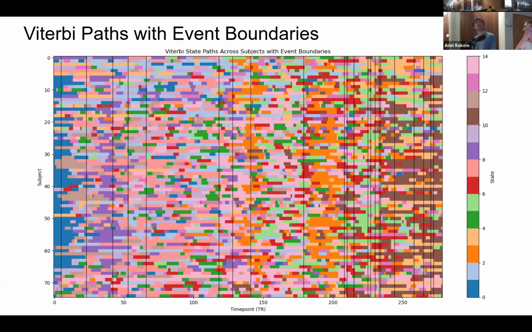Yeah, and so basically getting to the event boundary part of it, we can visualize the state path for each subject, and then I'll overlay the LLM derived event boundaries. Obviously, in this view, it looks very messy, but there's some overall population level structure that you can see. Notably, you can see that state 1 during events 1 and 2 at the beginning seems to be the dominant state among the population.